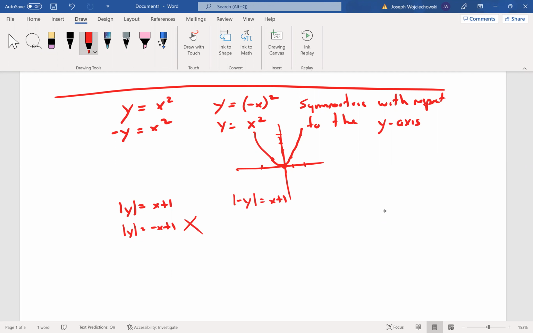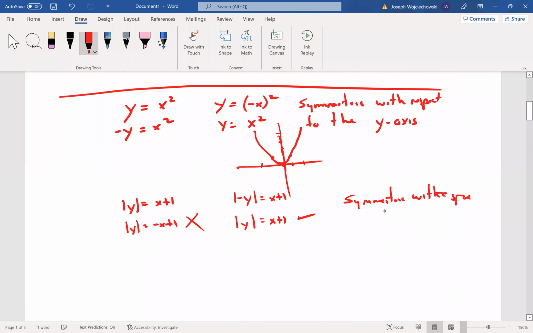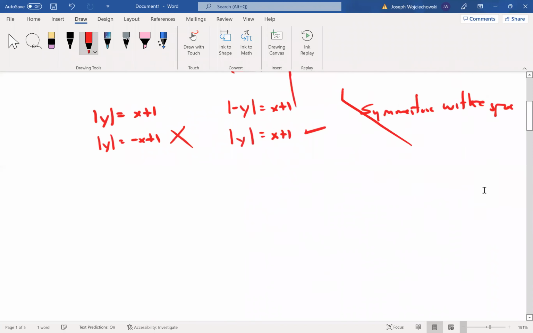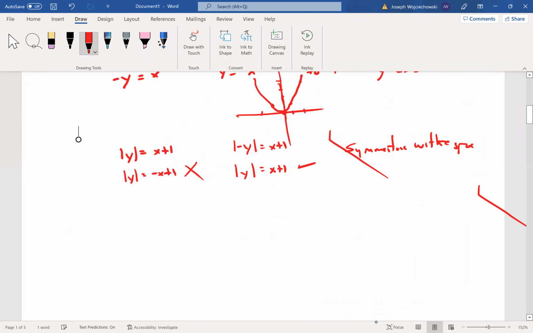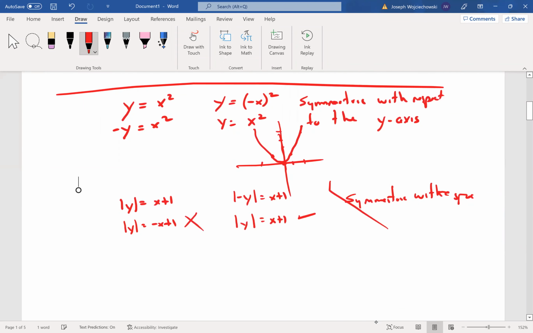Well, the absolute value of negative y is the same as the absolute value of y. So here we have symmetric with respect to the x-axis.